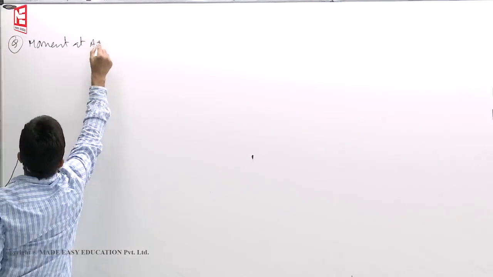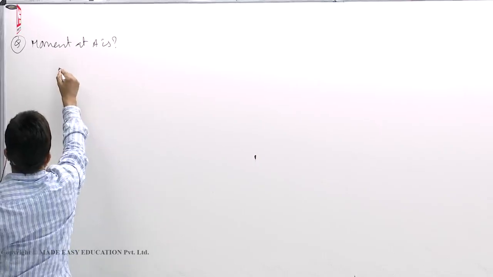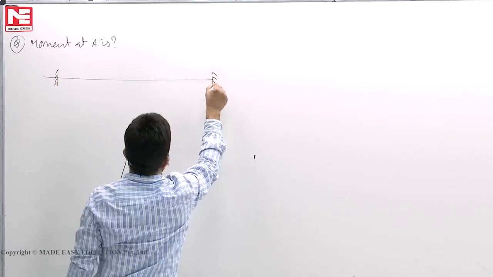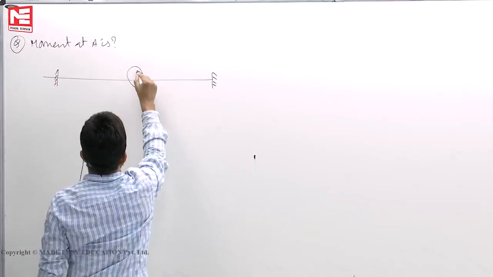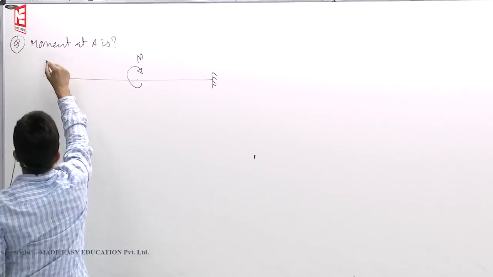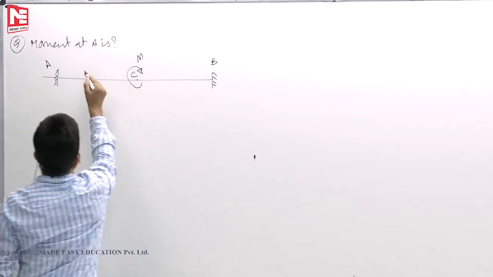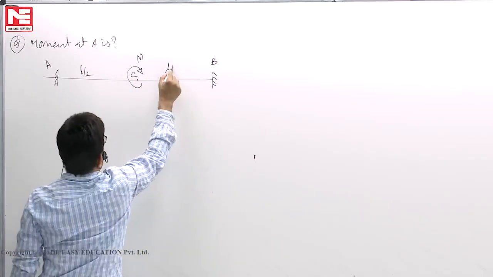Moment at A is, you applied A. This point let us say AB, center point is C. L by 2, L by 2.